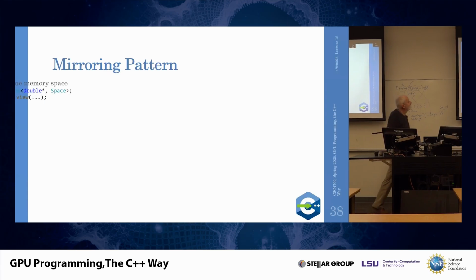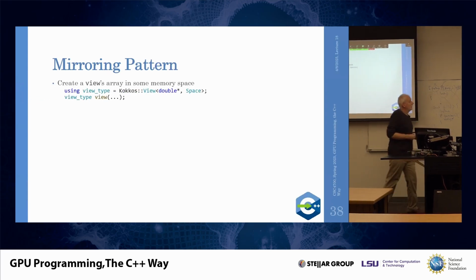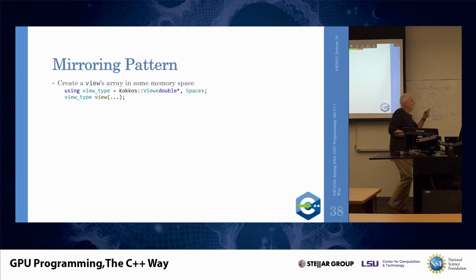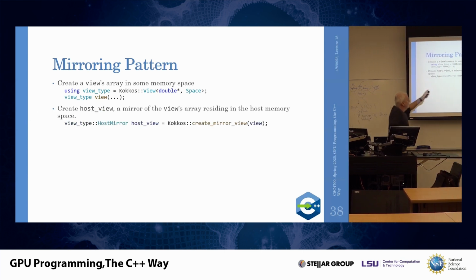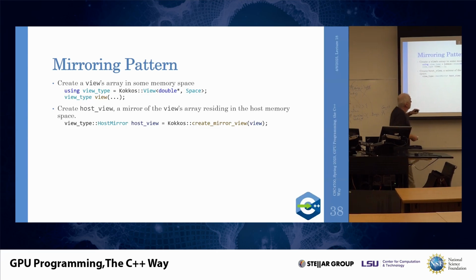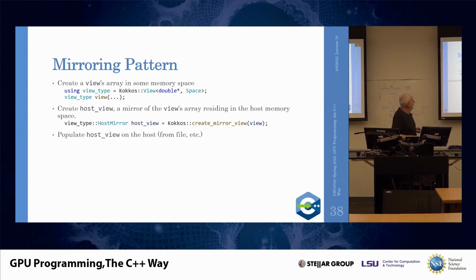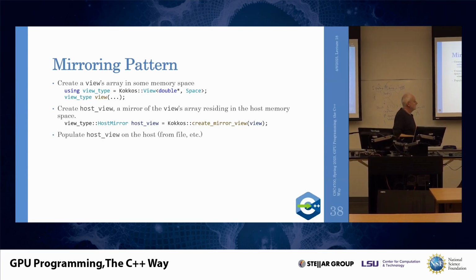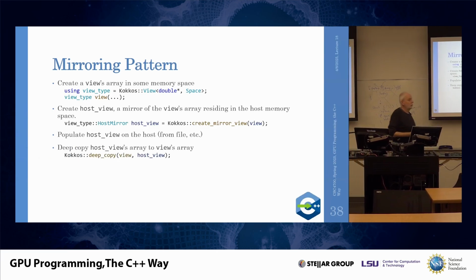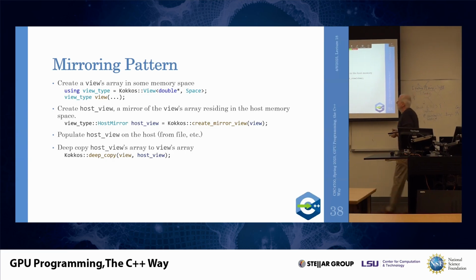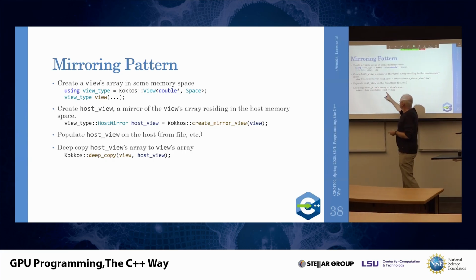Okay? So how does mirroring work? I create a view in one space. I initialize it. I create the mirror view in a different space. I populate the host view on the host from a file, whatever. Then I call Kokkos deep copy, which copies the data from the host view into the other view.